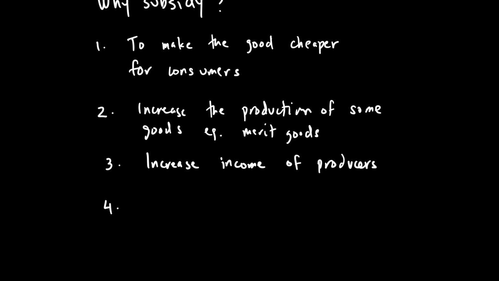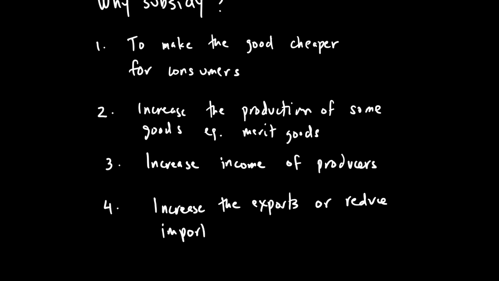Lastly, we can give subsidy in a market like international market or in a market where we are giving subsidy to domestic producer in order to make them competitive against the foreign producers. So increase the exports or reduce imports by giving subsidies to domestic producers.